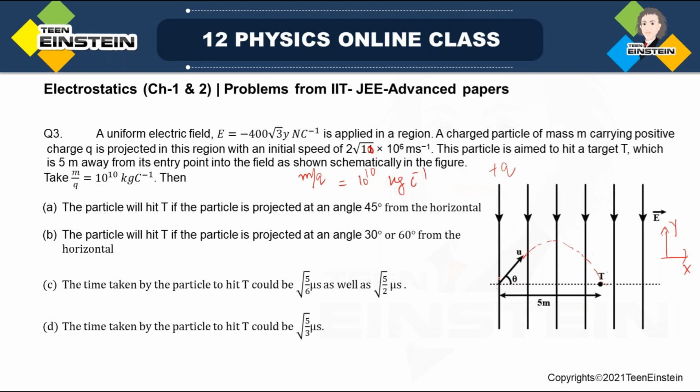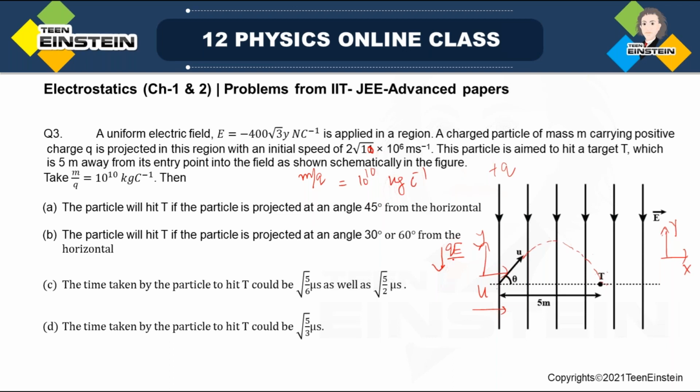When you project an object in this way, there will be two velocities, as you know. One will be along the x direction, another one in the y direction. But in this case, this is a charged particle, so it will experience one force in this direction, q into E.